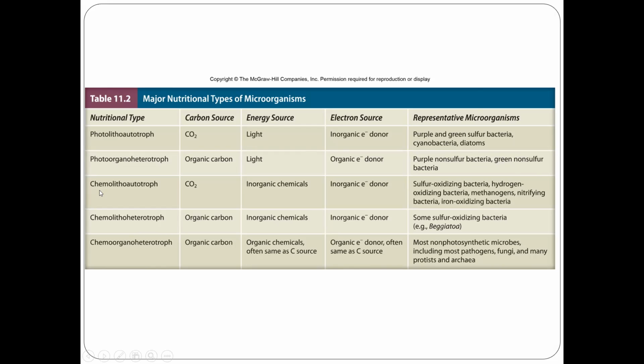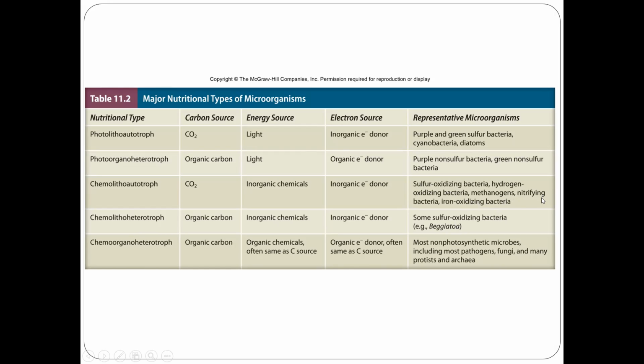Now, when we talk about the chemolithoautotrophs, these bacteria usually use other energy resources, not relying on glucose. They use sulfide, hydrogen oxidizing, methane, and nitrogen oxidizing. They contribute a lot to the environment, especially nitrifying bacteria.